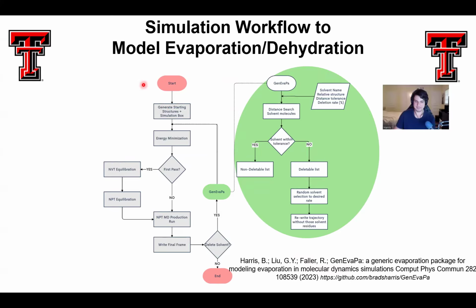So essentially, you generate your structure, you do energy minimization, and you go through, you do the production run, you do the final frame, and then you delete a piece of the solvent. The problem is, if you want to dry something, in the simplest case you have sugar and water.